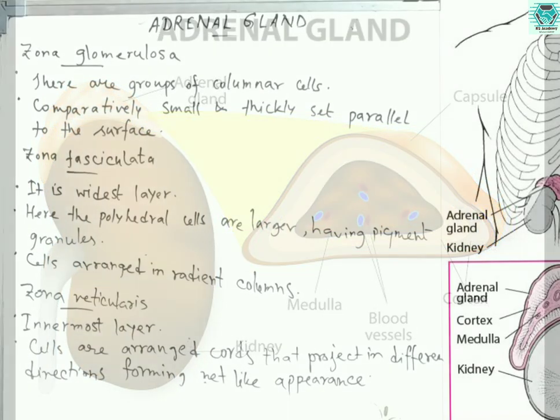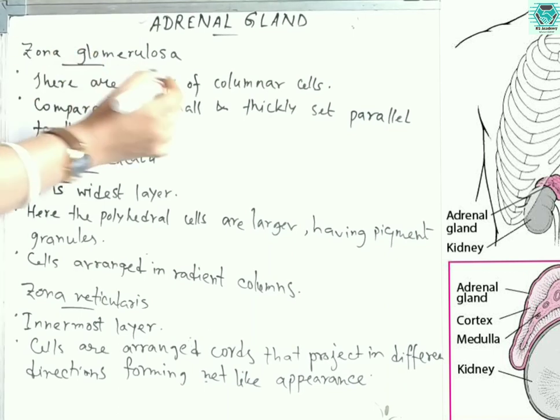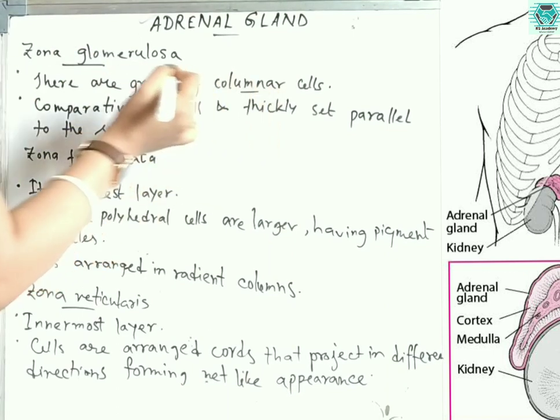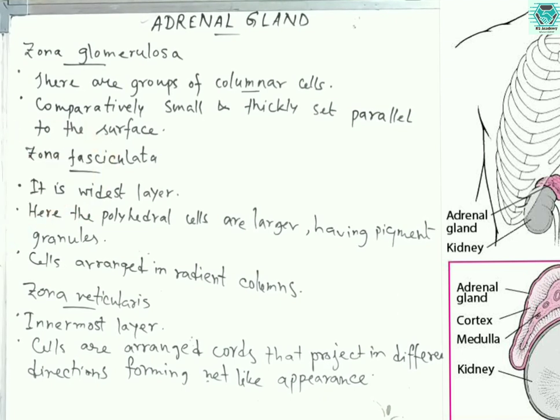In the structure of zona glomerulosa, there are groups of columnar cells. So in the tissue we have seen the columnar cells, how they look. Comparatively they are small and thickly set parallel to the surface. In the middle layer, that is zona fasciculata, it is the widest layer, and we find here polyhedral cells.